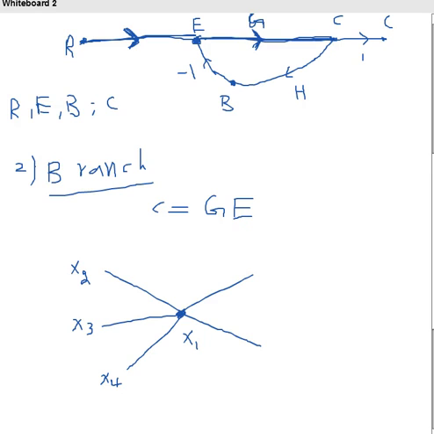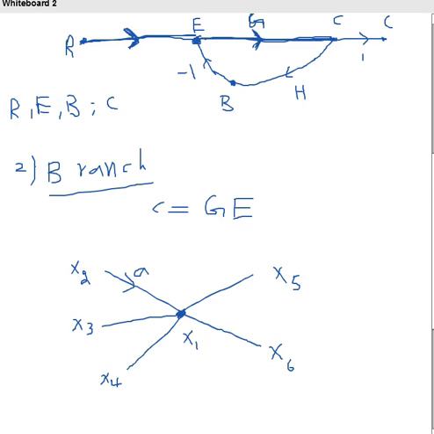X2, X3, X4 are input nodes, X1 is an intermediate node, and X6, X5 are output nodes. How do we say input and output node? By the arrow that is given.